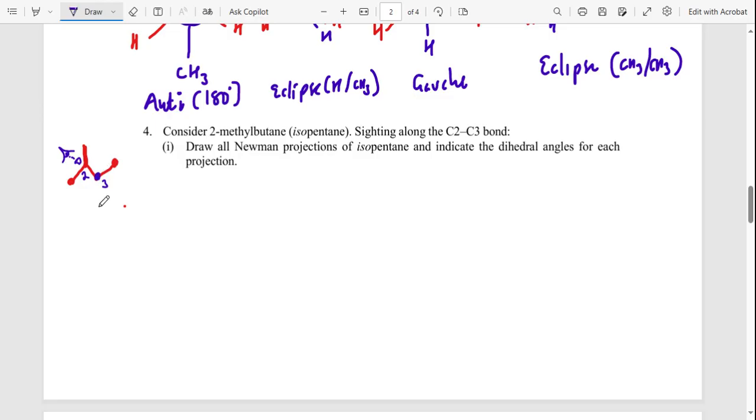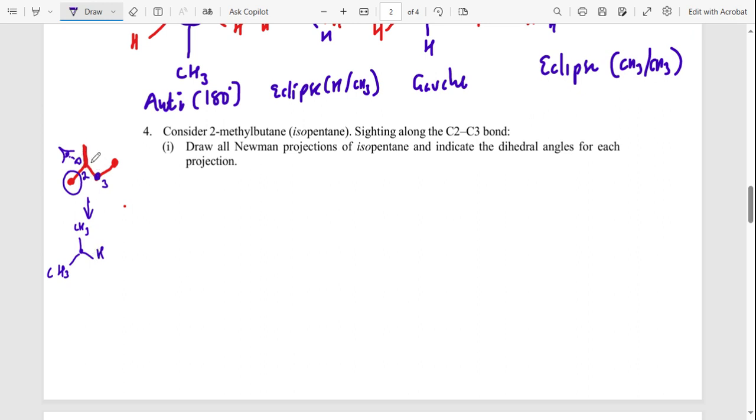One thing I want you to realize is that I can also write this molecule like this. Carbon number 2 is bonded to a methyl on top, that is CH3. It's also bonded to a hydrogen, and to another methyl, CH3, and another hydrogen.